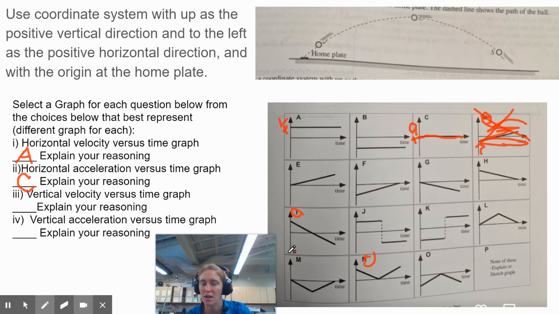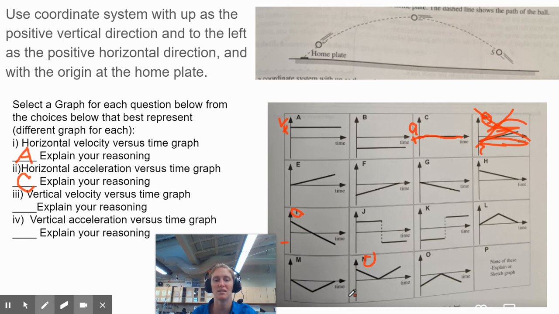Okay. And then you guys said, what is it at the end? It's going down. Is that a positive or negative velocity? Negative. Good. Okay. So that means I have negative velocities.